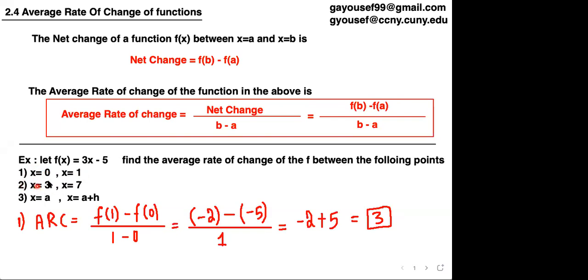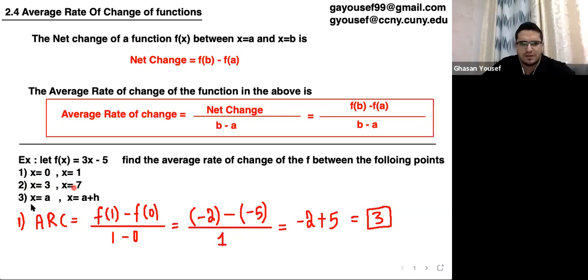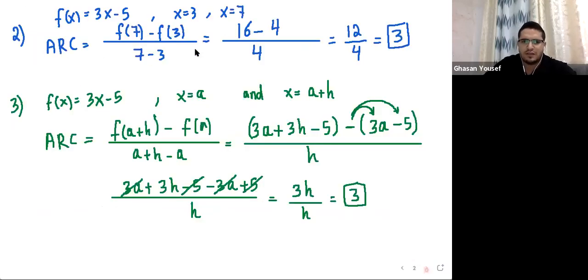For the second part, x equal 3 and x equal 7. And for the third part, x equal a and x equal a plus h. So in number 1, number 2, and number 3, the x values are different, but it's giving the same average rate of change, 3. Why is the average rate of change the same here?